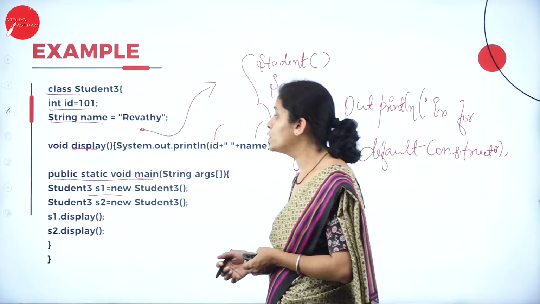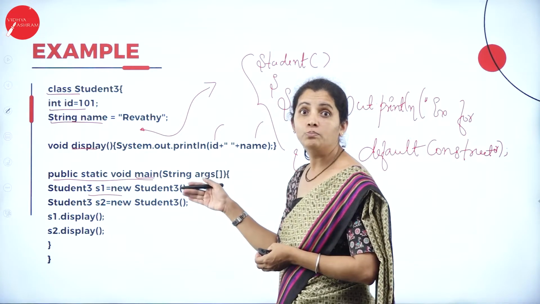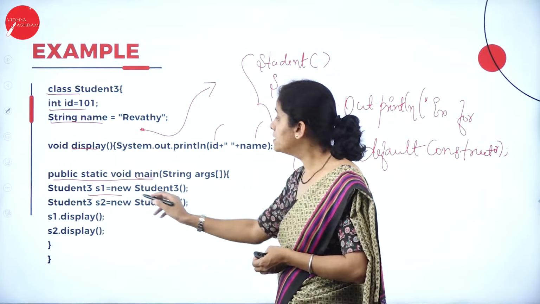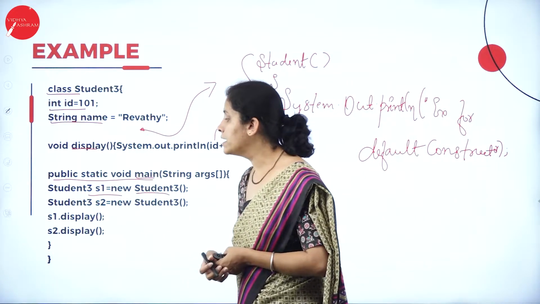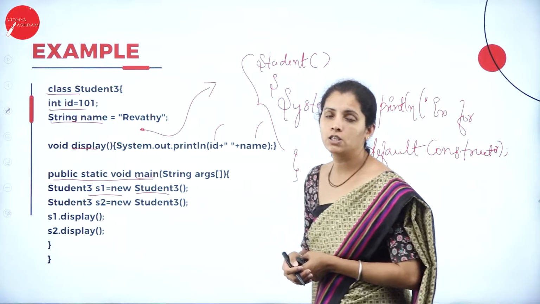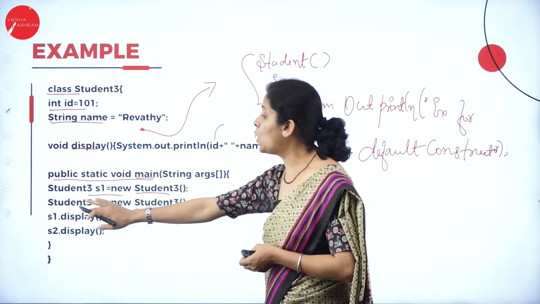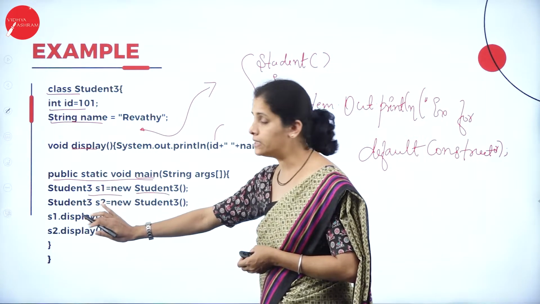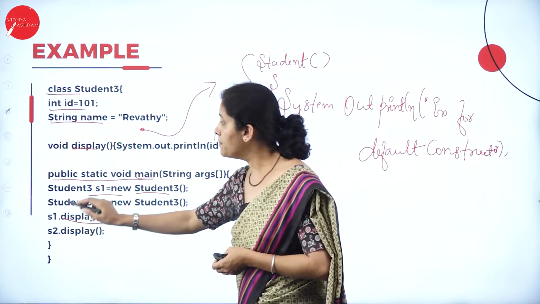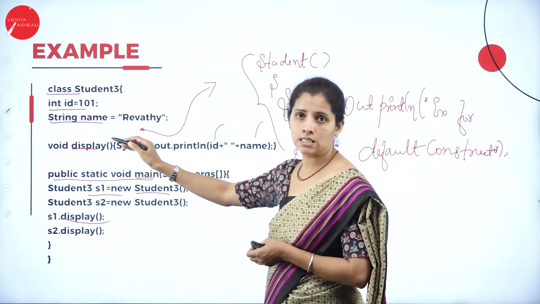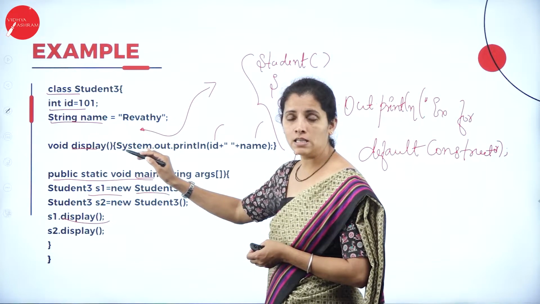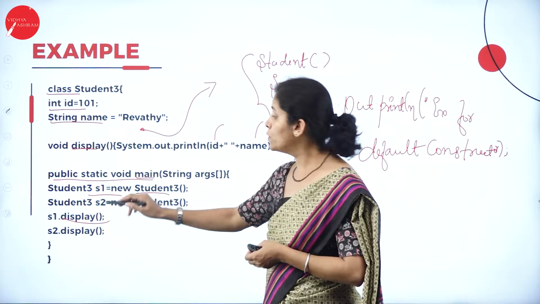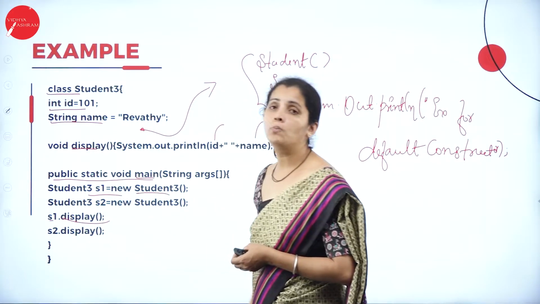Inside that, I'm going to create the object of the type student3. Which are the objects? I have S1 and S2. Now, I'm going to call this display method. This display method is present in this class, and to access members of the class, I'm going to use the object.